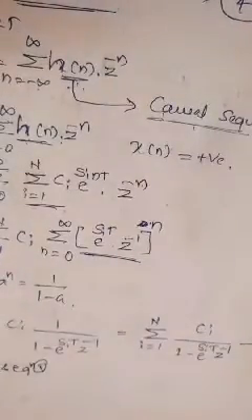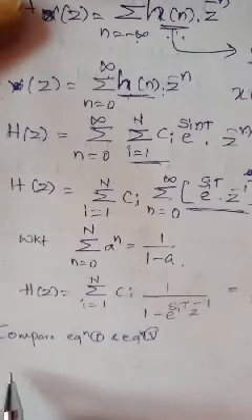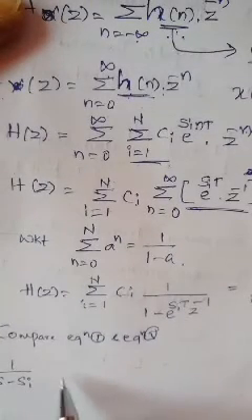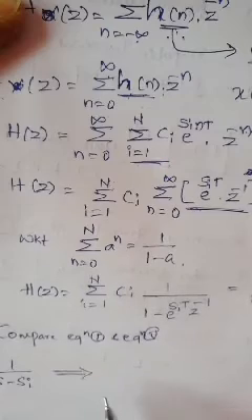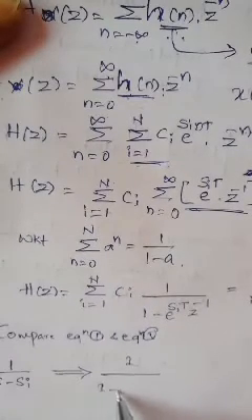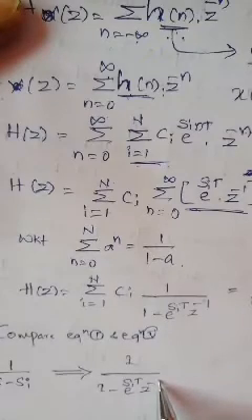By comparing, we get that 1 divided by s minus Si is transformed to 1 divided by 1 minus e to the power Si T z raised to minus 1.